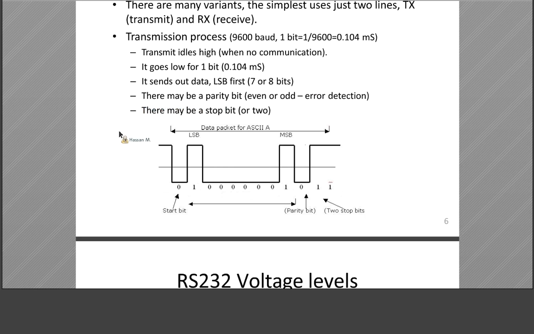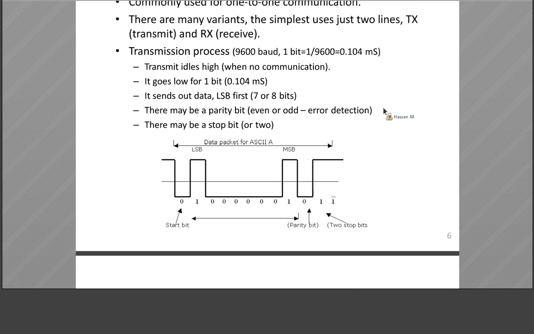In a standard UART there may be a parity bit, or there may not. When we have parity it may be even or odd. The parity is for error detection.